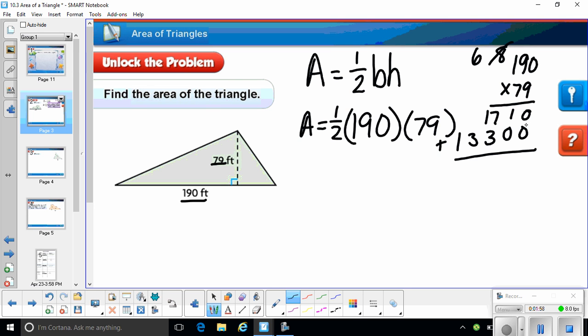I'm then going to add these together. So now I have 15,010. And so I'm going to plug that into the equation.